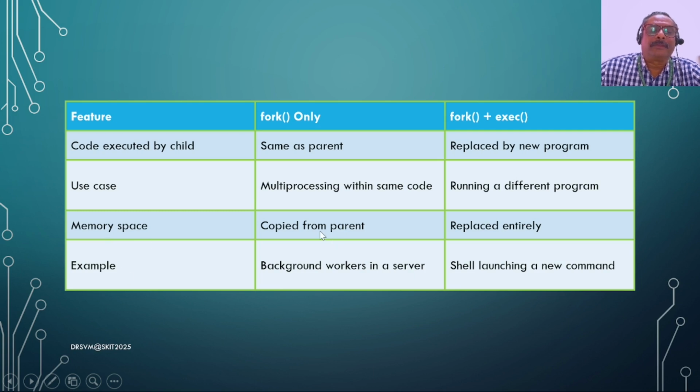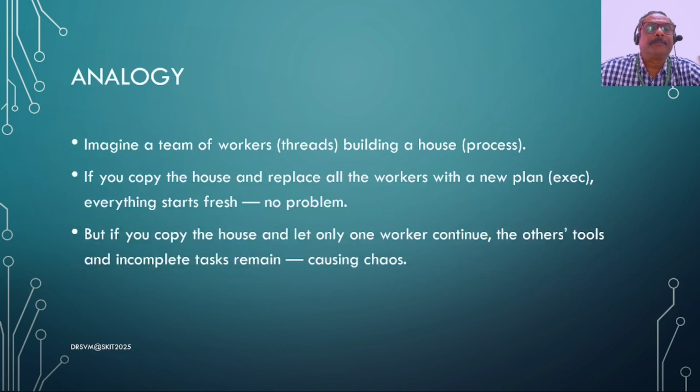Memory space is copied from the parent, but in this case it is replaced entirely. An example is background workers in a server for fork only, or fork plus exec for a shell launching a new command. So that's an analogy.